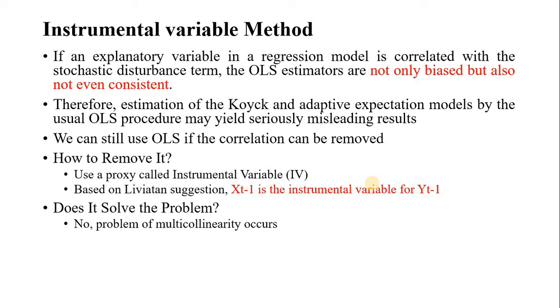No. The thing is that we are including xt and xt minus 1, so there will be a high linear correlation between xt and xt minus 1. So what's the issue? If there is a high correlation between two or more independent variables in an equation, it leads to multicollinearity.